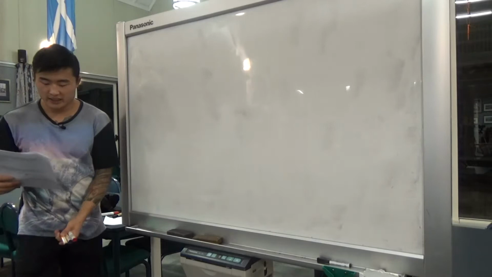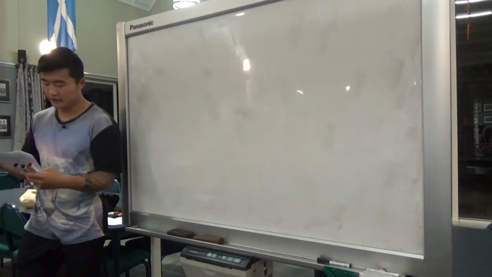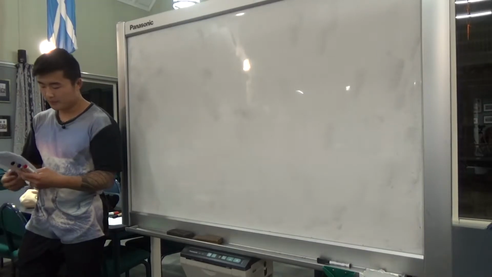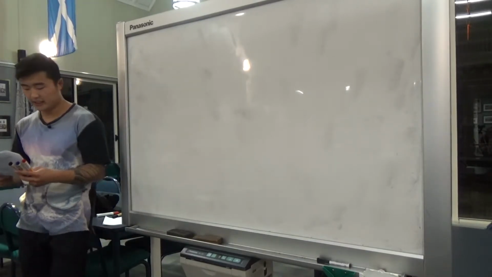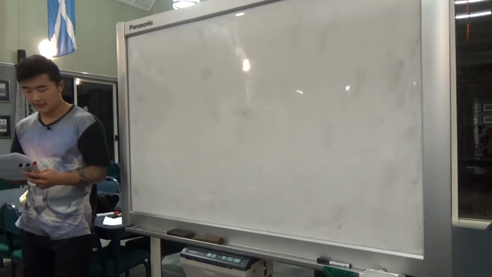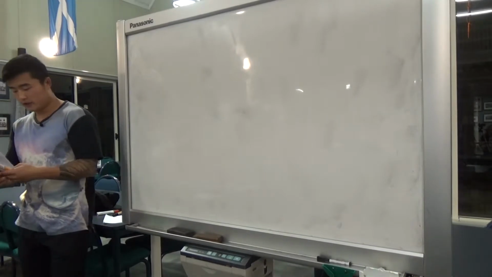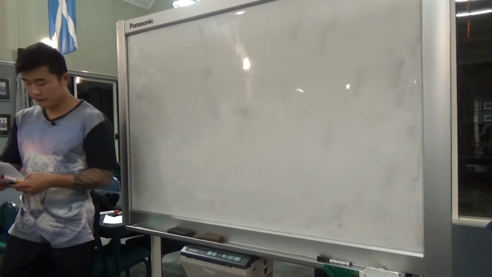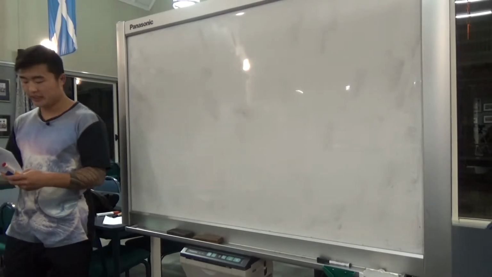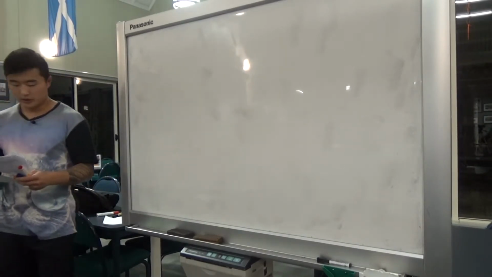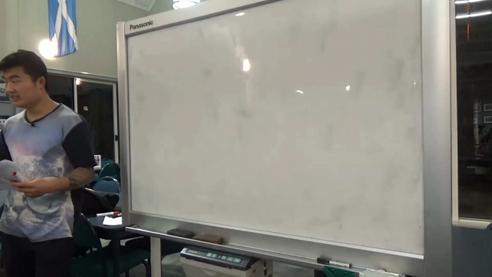Right, and then number 9, we have a horizontal pipe with a cross-sectional area at point A of 0.3 meters squared. The diameter of the pipe increases smoothly so that the cross-sectional area of the pipe at point B is 0.8 meters squared. If water flows in the pipe at point A with velocity of 4 meters per second, what's the velocity of the flow at point B? So here we've got the area, the cross-sectional area, and the velocities.